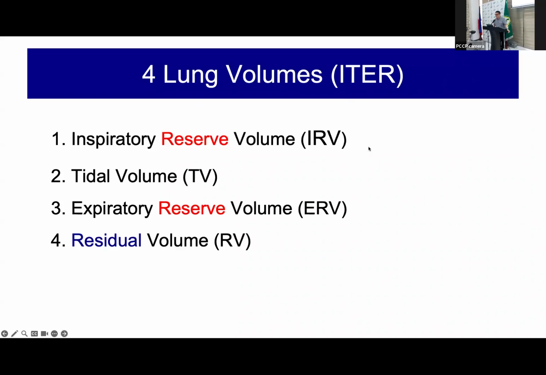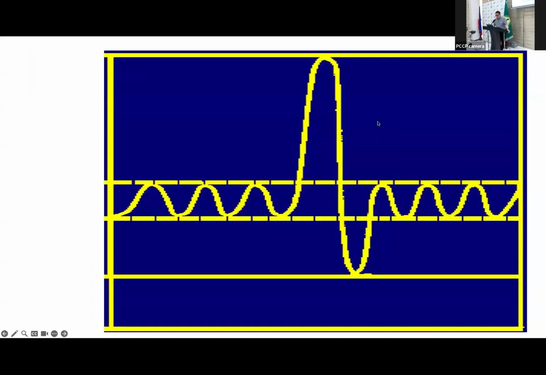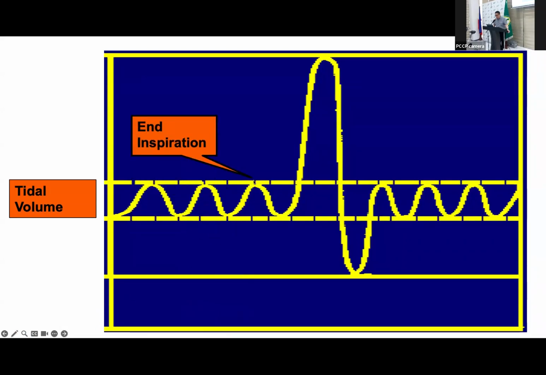For you to understand it, let's review the different lung volumes: IRV, inspiratory reserve volume, tidal volume, expiratory reserve volume, and residual volume. The amount of air that goes in and out of our lungs is known as your tidal volume. It has two reference points, at end inspiration and at end expiration.